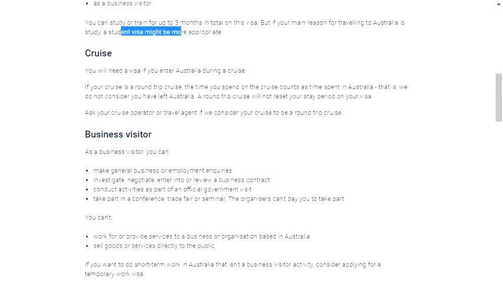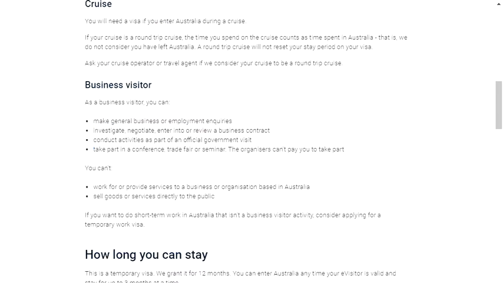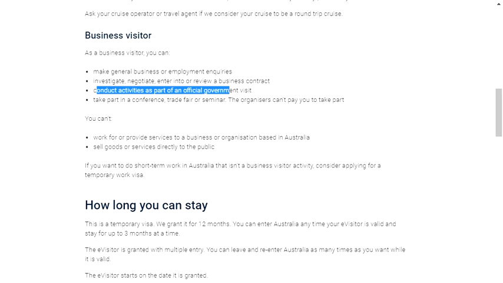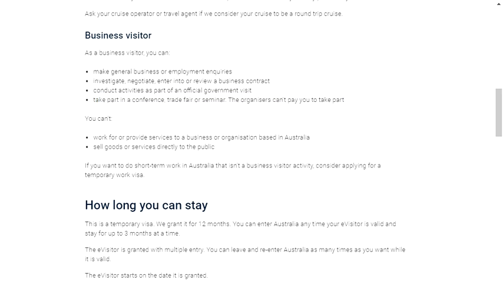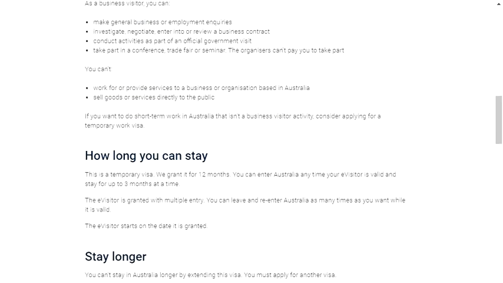Cruise, okay. Business visitor: make general business or employment inquiries, investigate, negotiate, enter into a review of a business contract, conduct activities as part of an official government visit, take part in a conference, trade fair or seminar. The organizers can't pay you to take part. Okay, you have to pay yourself.